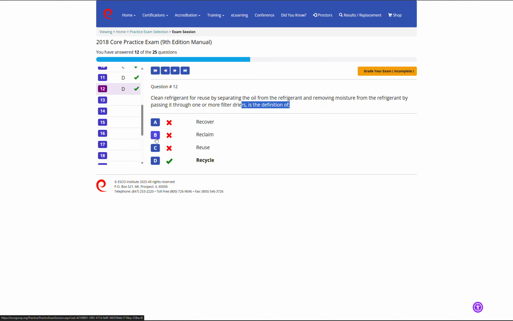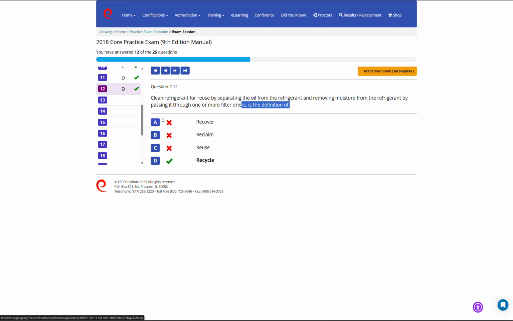No, that's not recycling, that's reclaiming. Recycling is basic separation, like skimming off oil or big chunks. Reclaim means deep cleaning, stripping oil and moisture with filter dryers, making it pure for reuse. EPA's strict on that distinction. Want another shot at a question? Or should we go over recover, recycle, reclaim again?